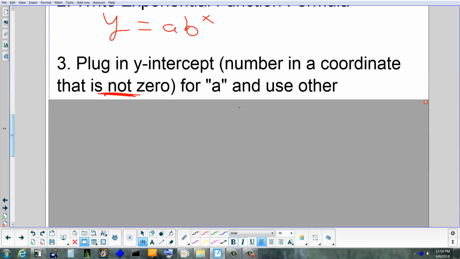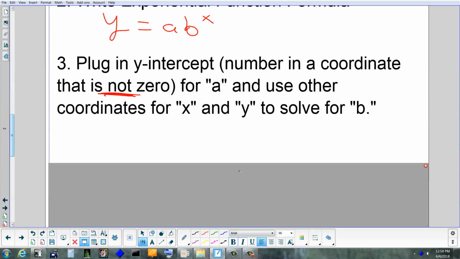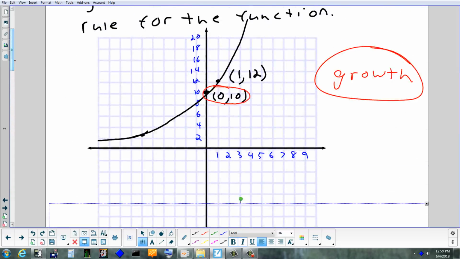Now, how do you get B? Well, we don't have a table, so we can't see what we multiplied by each time. So we've got to do it a little differently. We're going to use the other coordinate, not the one that was 0, 10. Okay, I'll just show you what the other one was. It was 1, 12.